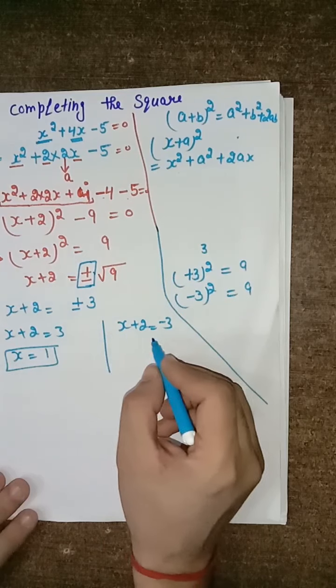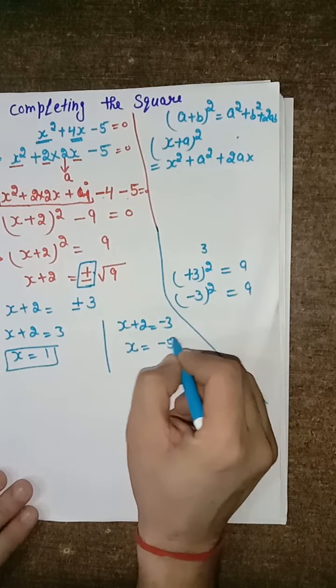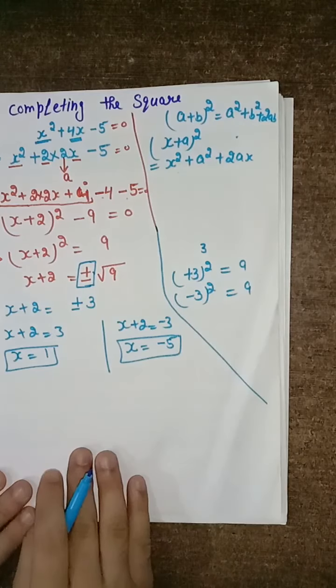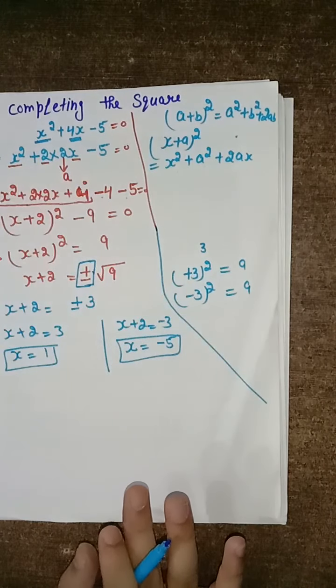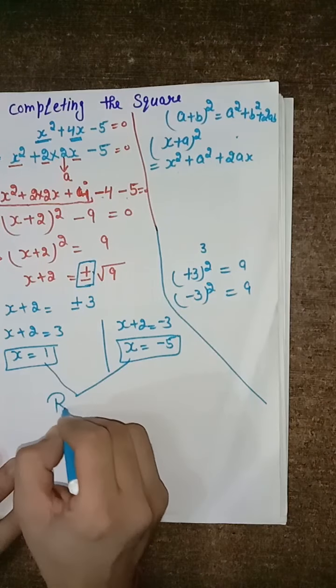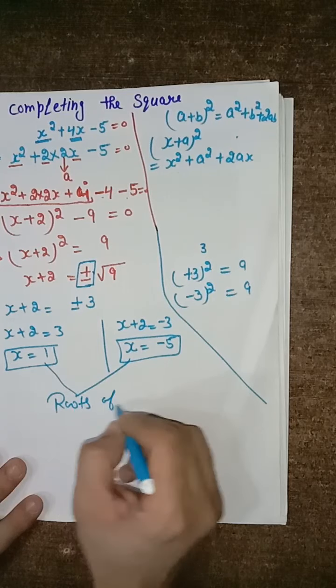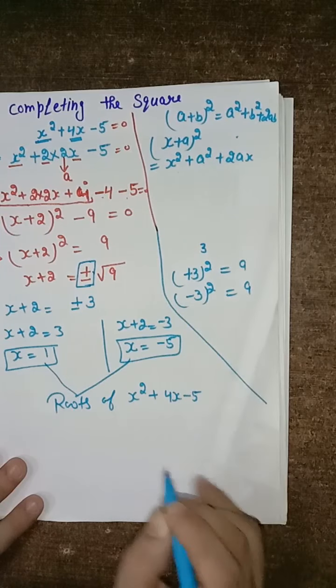And if x plus 2 equals minus 3, then x will be minus 5. These are the answers of x square plus 4x minus 5, and these are called roots of x square plus 4x minus 5.